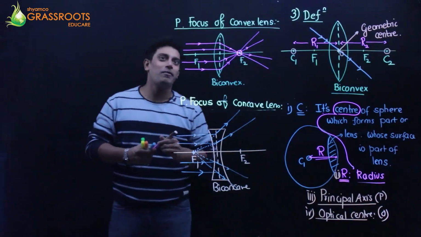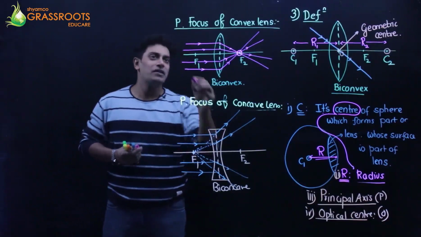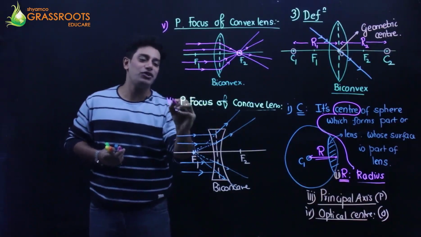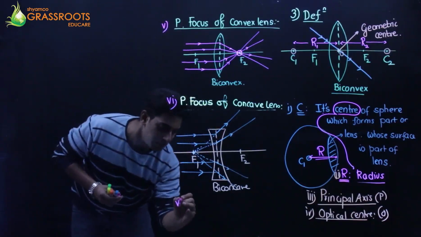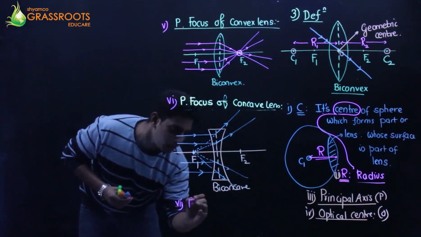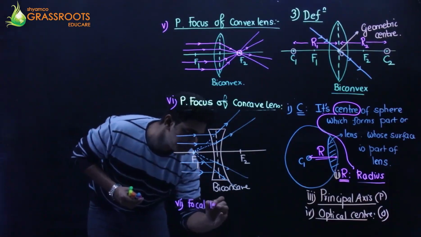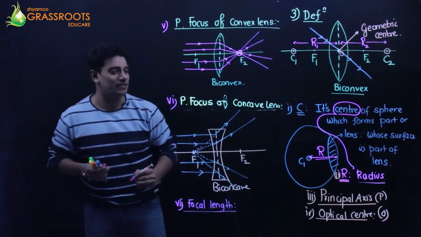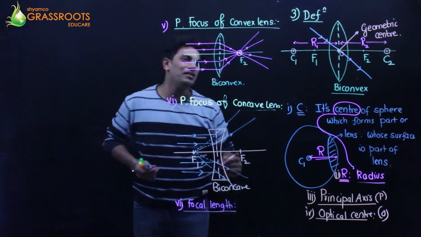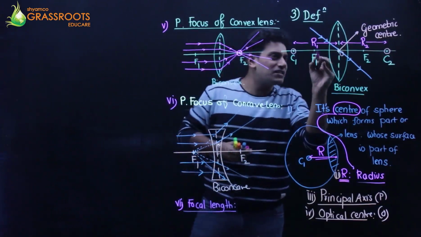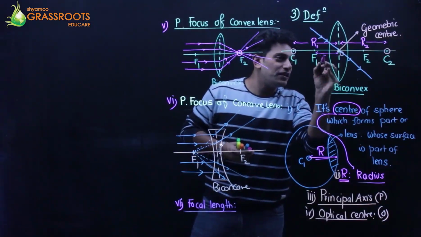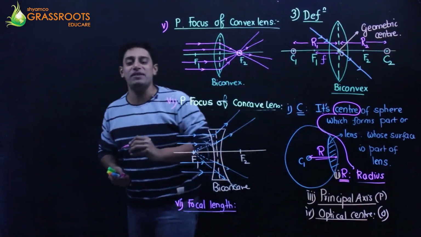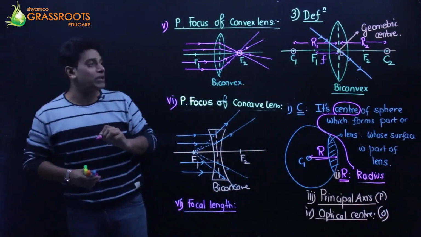Okay, now if I'm talking about my next definition, this was definition number 5, definition number 6, definition number 7, focal length. Now, what is a focal length? It's simple. Yeah, very simple. This distance is called focal length, represented by small f.